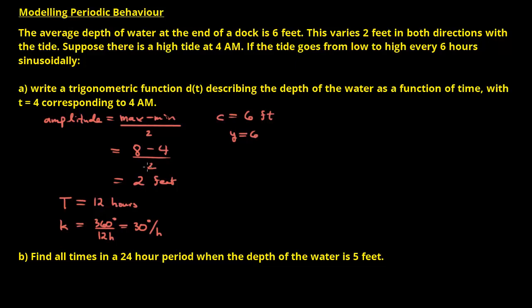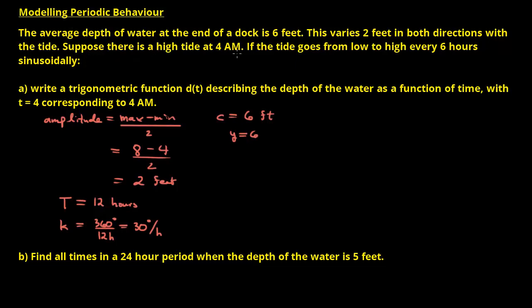The last piece of information we have to figure out is whether we're going to model this using a cosine curve or a sine curve, and then we also have to determine whether we're going to have a phase shift for our sinusoidal function. Normally, for the cosine curve, we have a maximum, a peak, occurring along the vertical axis.